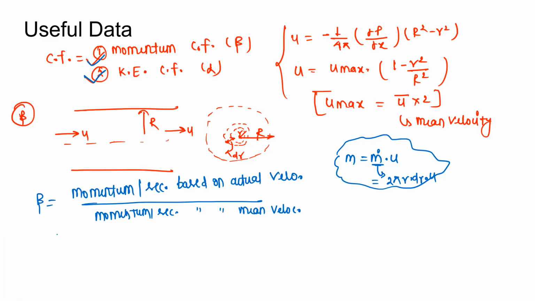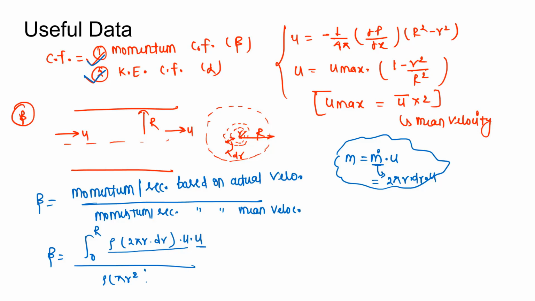So if we put it in the equation, we get beta equals integration 0 to R of rho into 2 pi r into dr into u into u, where this is the mass of the fluid and this is the velocity, divided by rho into pi R square into u bar into u bar.